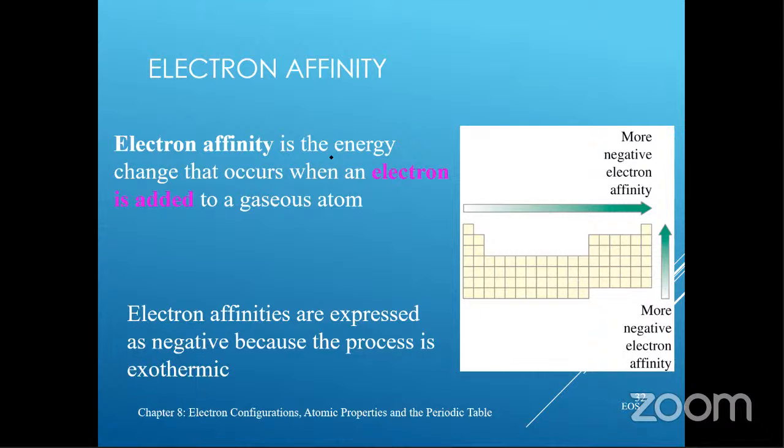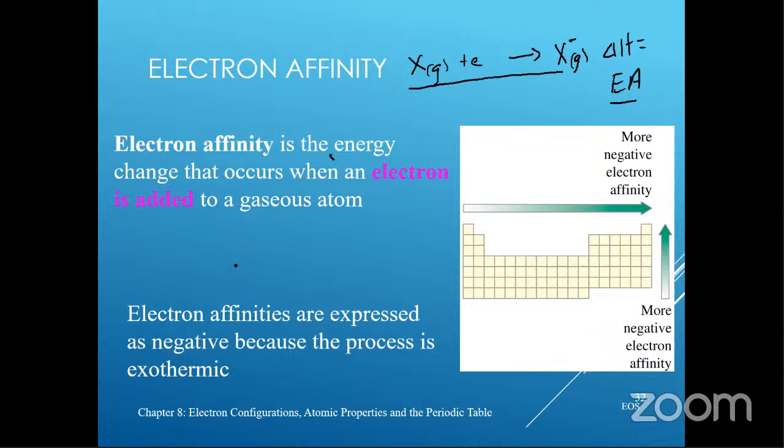Okay, so in other words, if the atom is X in a gaseous state, when an electron is added, it forms X minus in a gaseous state, and delta H for that change is the electron affinity, all right? So whatever the energy change that occurs for an atom undergoing this reaction here, that's called the electron affinity, all right? And I won't go into the details as to why this is so.